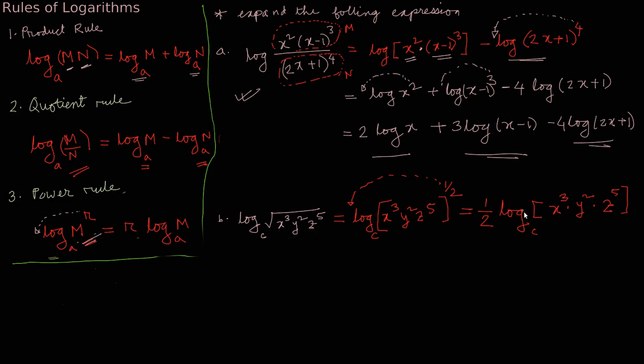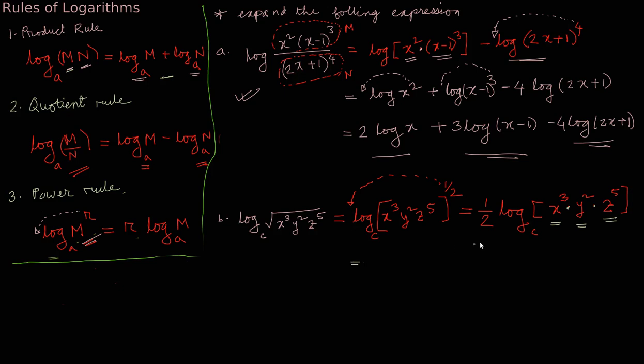Now let's see one thing. I have three quantities in product form, so from the product rule, if I have a quantity in product form, I can write it as an addition.